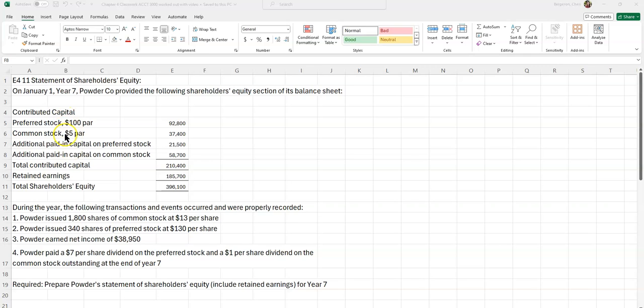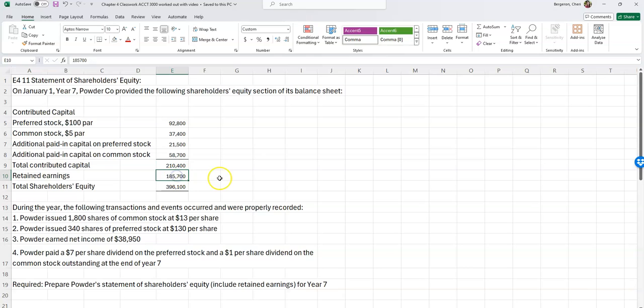Preferred stock and common stock are listed at their par value, and additional paid-in capital is anything given in addition to or that exceeded the par value of the stock. Whenever we issue stock, we don't expect to get par value, we expect to get market value, which is usually higher than par value. So we list the stock at its par value, and anything we got in excess of that goes into paid-in capital. This gets us to our total contributed capital, also known as paid-in capital.